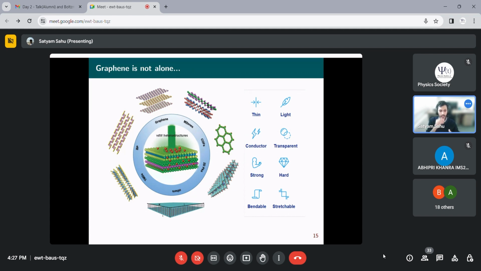Essentially, in this type of material you have a metallic atom from the transition metal family, and then you take a non-metal, mostly chalcogens and halogens. For example, molybdenum sulfide has molybdenum from the transition metal family and sulfur from the chalcogen family.